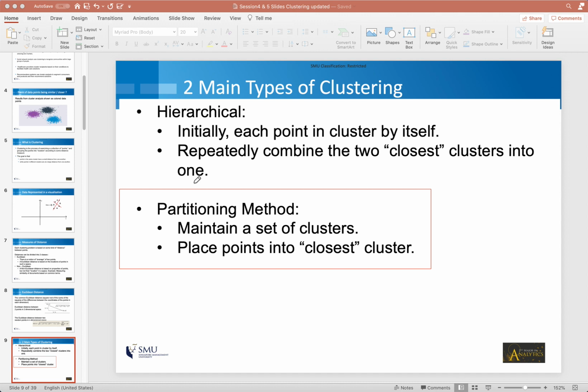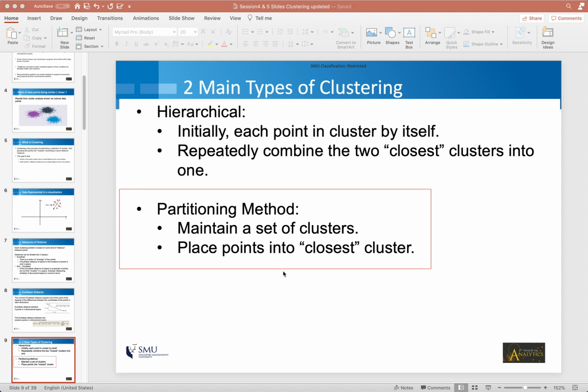A hierarchy can be represented like a tree diagram with different levels, and that's how it helps to see the structure. In hierarchical clustering, you start by assuming every data point is a cluster by itself, and then you keep calculating the distance between observations and combining the closest ones into a single cluster until all the observations are in the same cluster. That is known as hierarchical clustering.